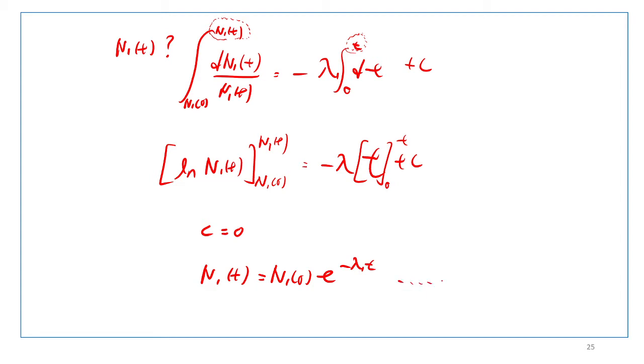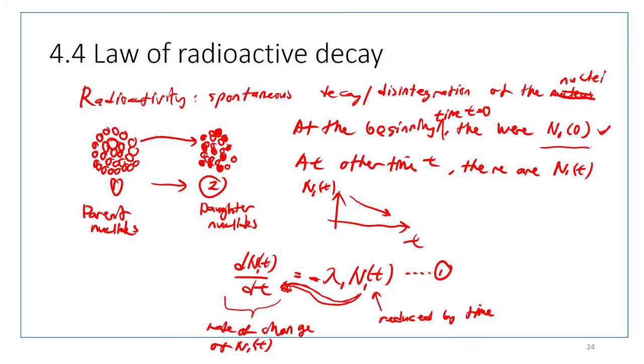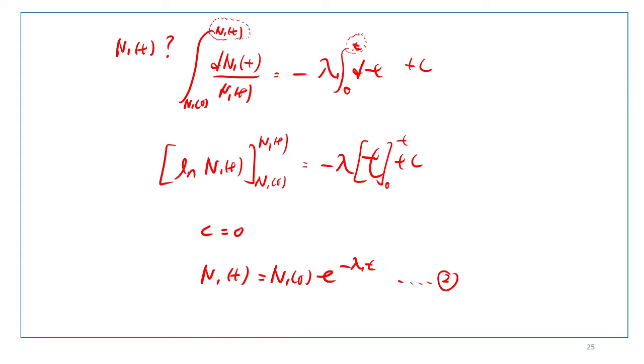Let's call this equation 2. I skip the explanation for the mathematical steps. If you want to know more, you can try it by yourself. So you will get equation number 2.